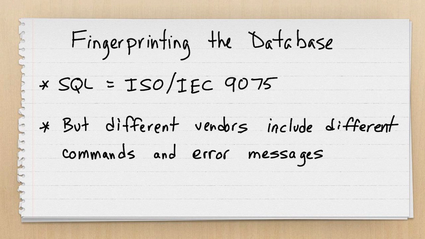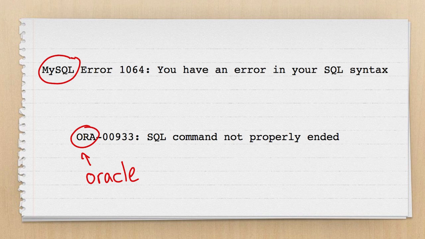One of the easiest ways to fingerprint the database is to pay close attention to the error messages coming back from the database, right? So MySQL error 1064, of course, in this case will demonstrate that there's a MySQL server, right? So you have Microsoft SQL native client error messages for Microsoft SQL servers, and you have different error messages for Oracle databases and so on, right?